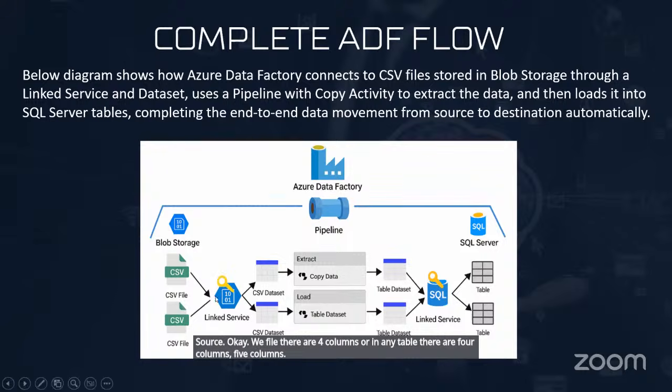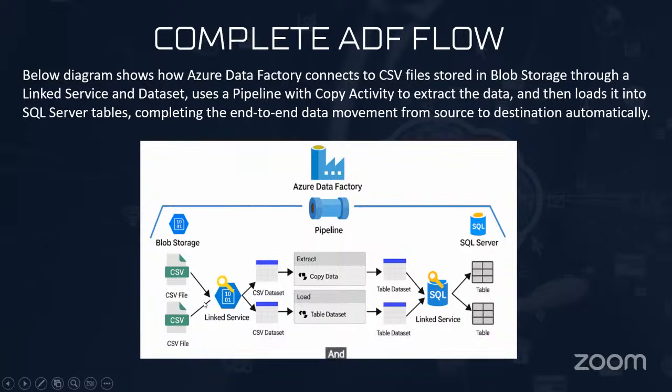You will have to create a similar structure in ADF. And this linked service will basically extract data from these sources. Got it? And once extracted, all the logic will be done here.